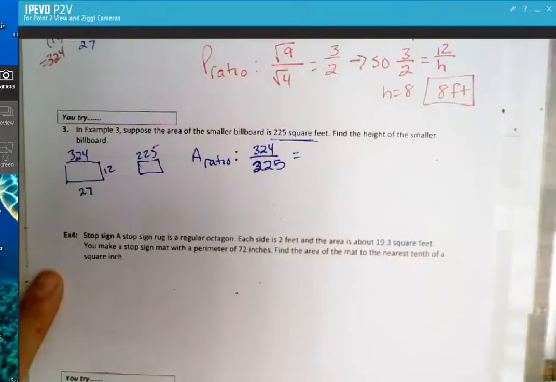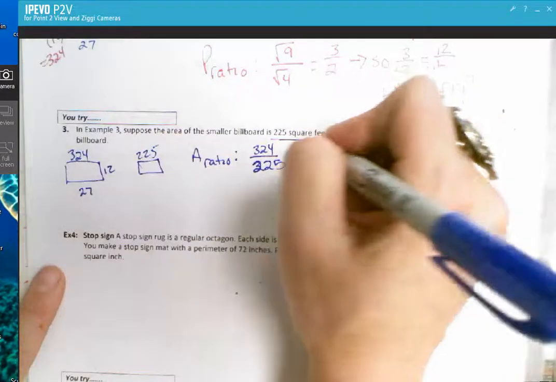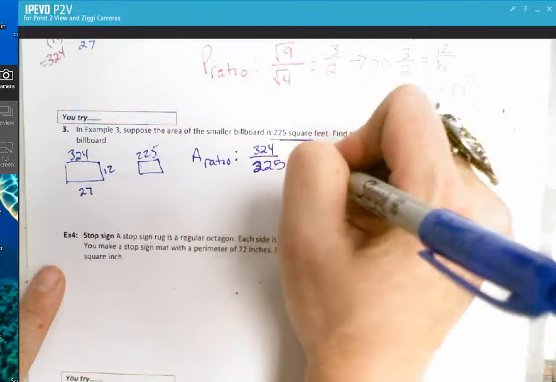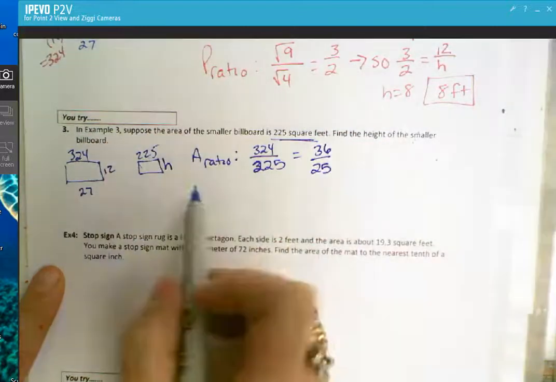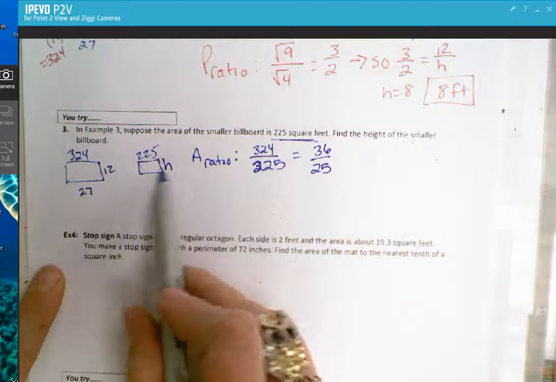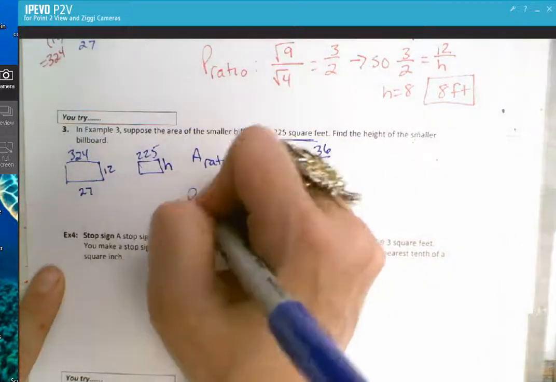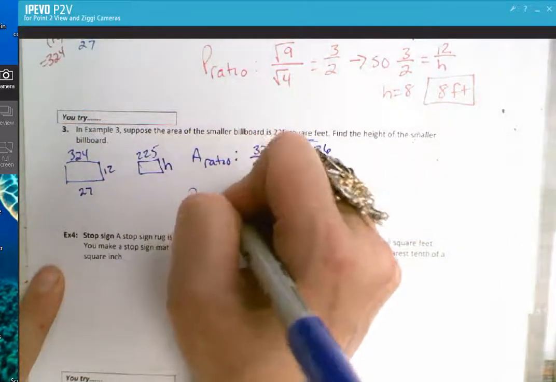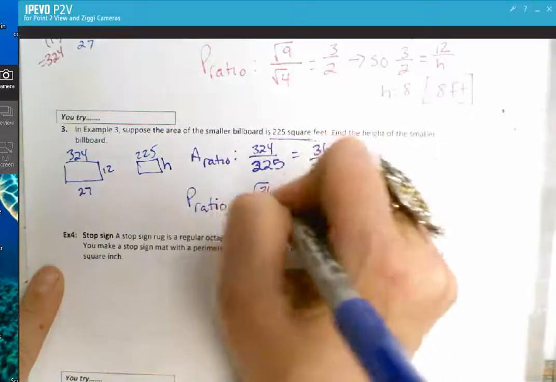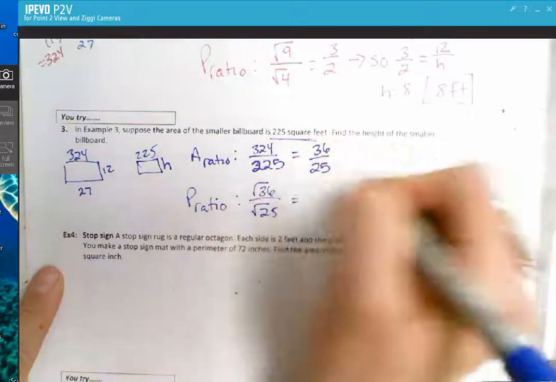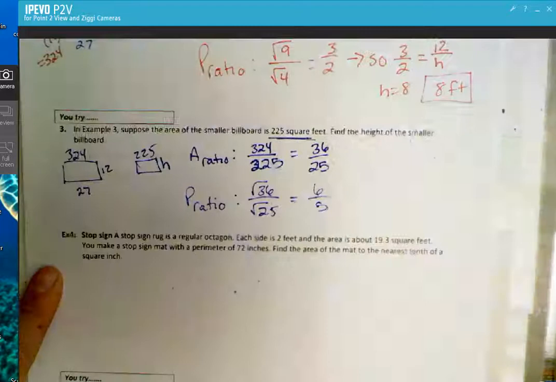Simplify that with my calculator, and I end up getting 36/25. Since I'm looking for the height, I need to first figure out the ratio of the perimeter by taking the square root of the area ratio.